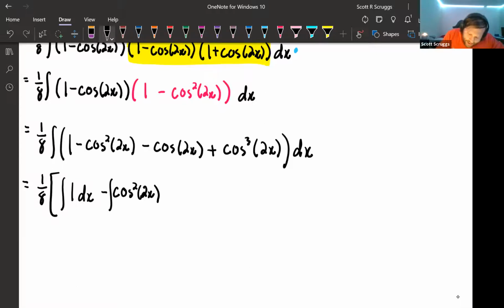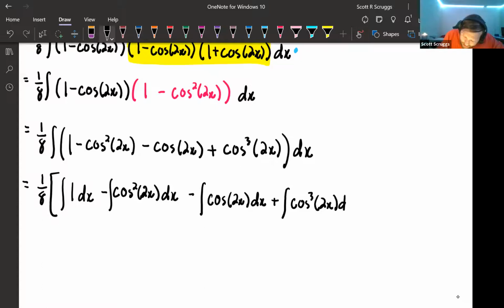So the integral of 1, minus the integral of cosine squared of 2x dx, minus the integral of cosine of 2x dx, plus the integral of cosine cubed of 2x dx.